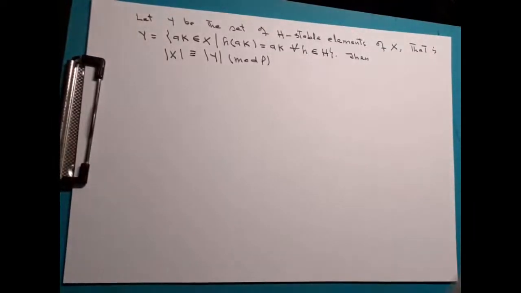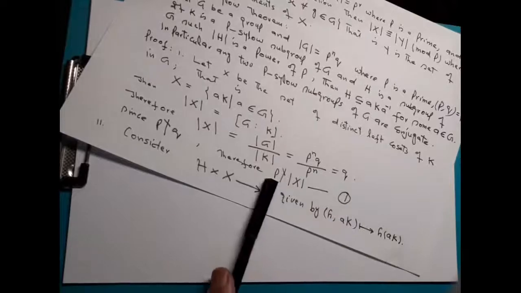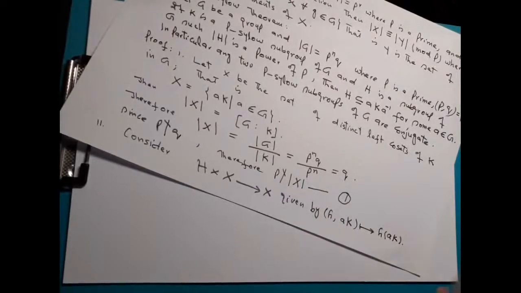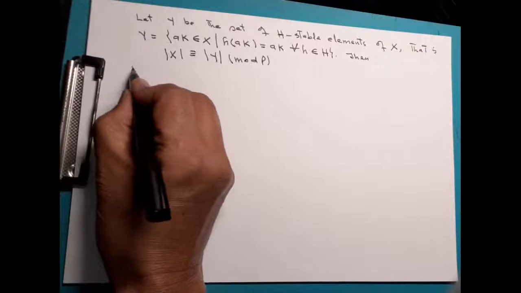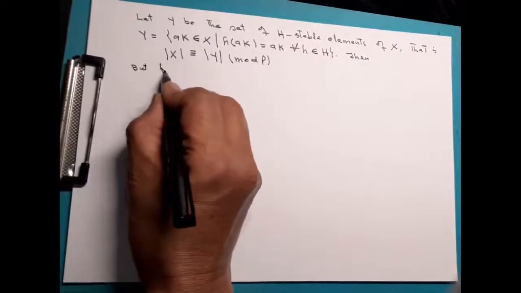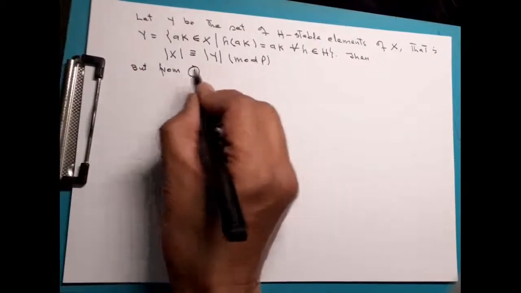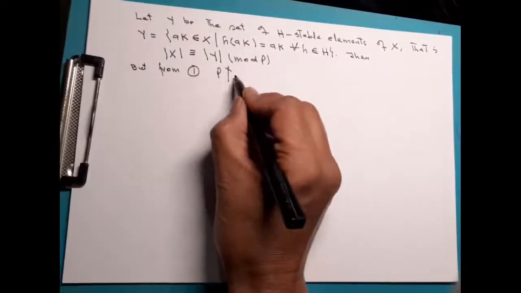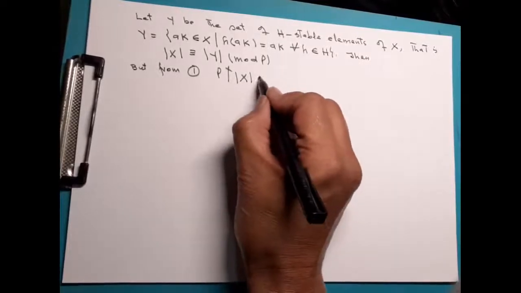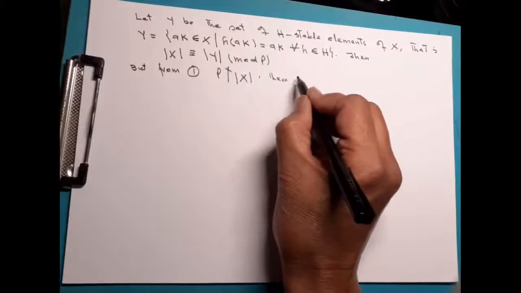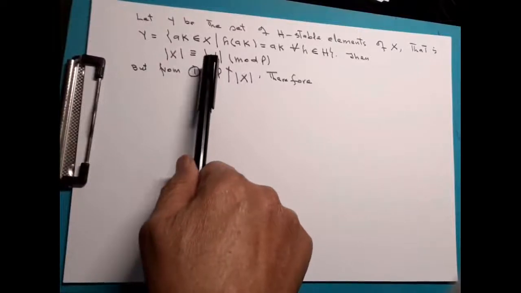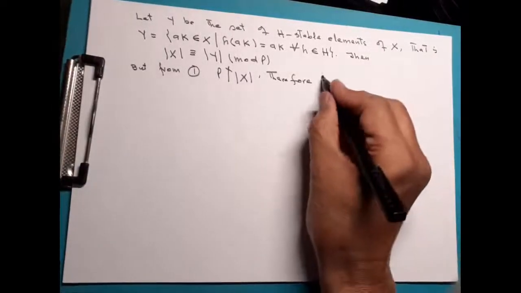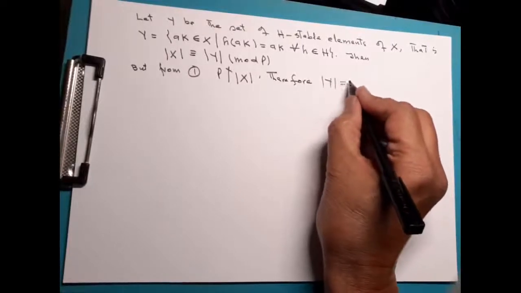But from result 1, in 1 we have noted that P does not divide the number of elements in X. Therefore, the number of elements in Y cannot be equal to 0.